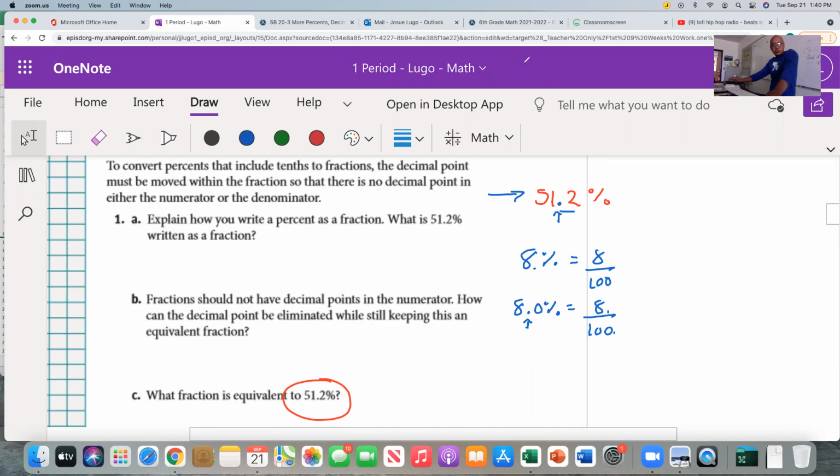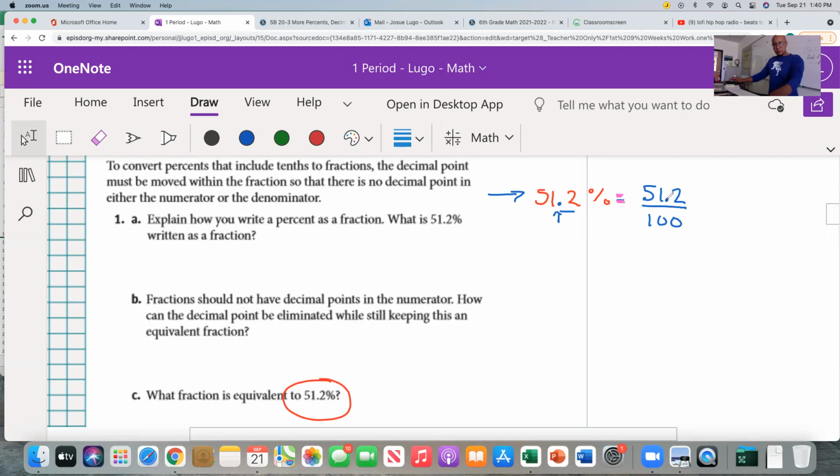So if that is true, then 51.2% should be the same thing as 51.2 over 100. Again, 51.2% literally means 51.2 out of 100. Now, we're not done, though. That's only the beginning. But yes, these two things are equivalent. They're the exact same thing.